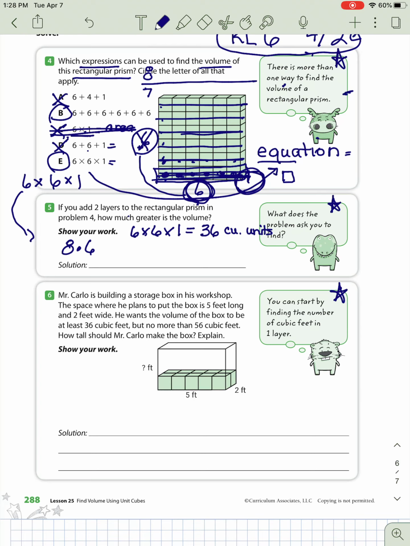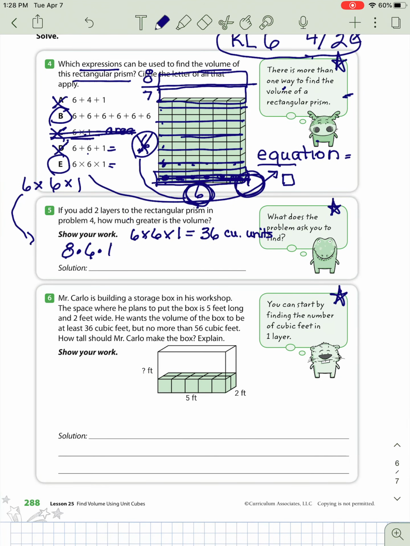Doesn't change the length times width times height. It doesn't change this. It's only going up another layer. So I'm putting another layer up here, and I'm putting another layer up here. Okay? So that's the only number that needs to be changed. All of these numbers are going to stay the same. So 8 times 6 is 48. 48 times 1 is 48 cubic units.